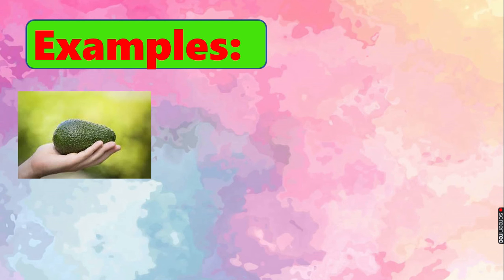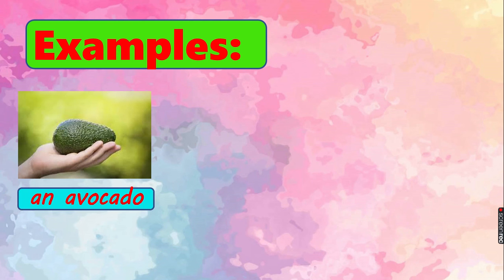This fruit is called avocado. Avocado, yes, that's my favorite fruit. We can say an avocado. We use an because a is a vowel.